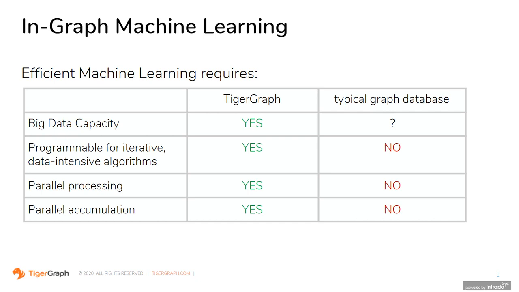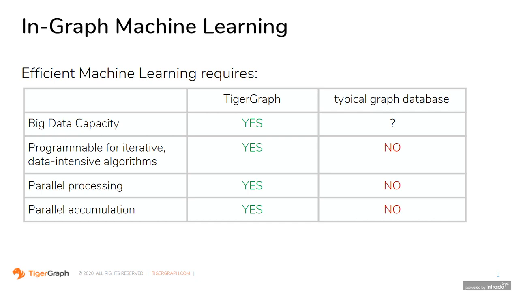The other platforms, they provide really side tools. So again, you're not really doing it in the graph. Does it have native parallel processing? TigerGraph, yes. The others, maybe.